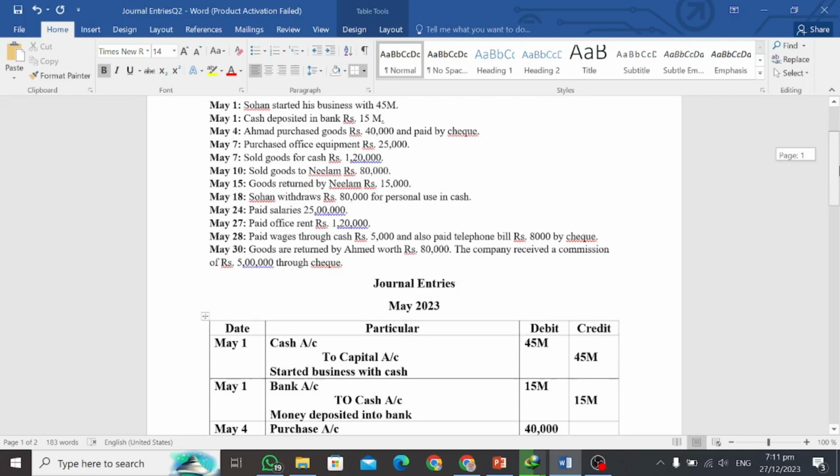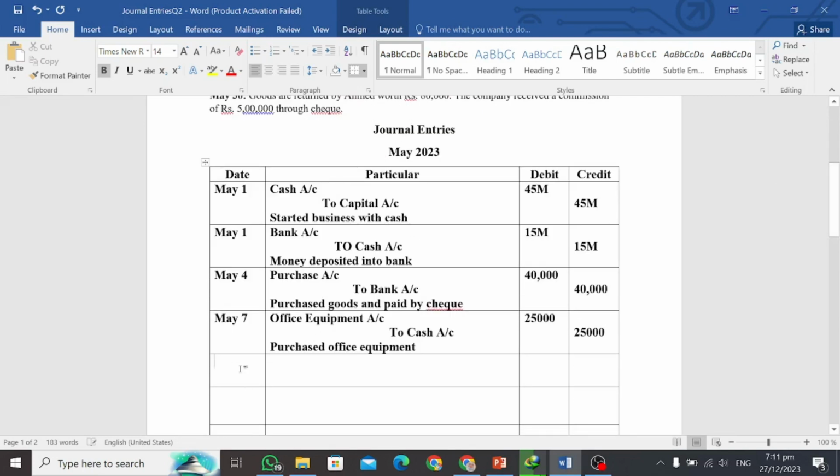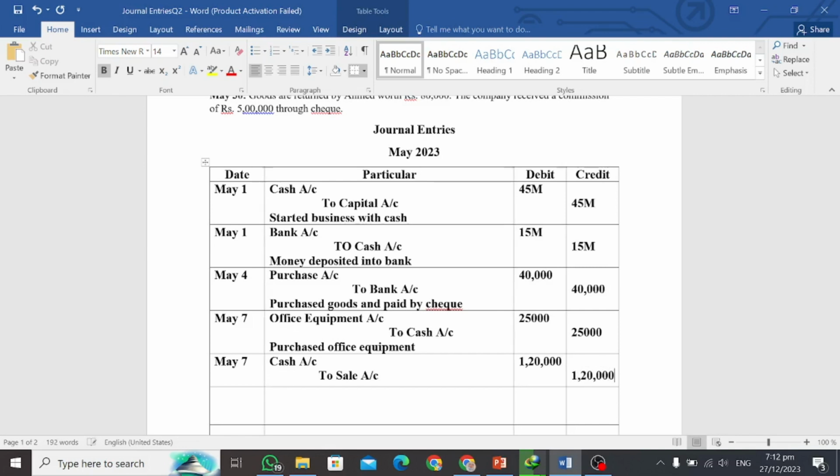So we can write as May 7, cash account to sale account, 1,20,000. That is the amount to be debited. The amount to be credited is also 1,20,000. Let's write a narration. Sold goods for cash.